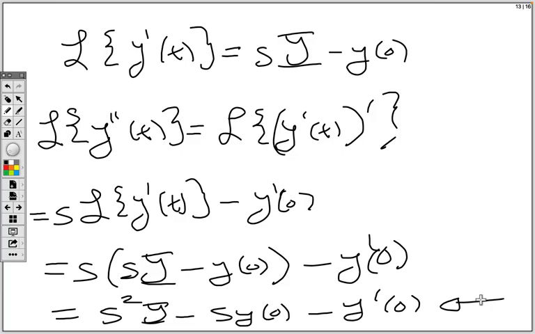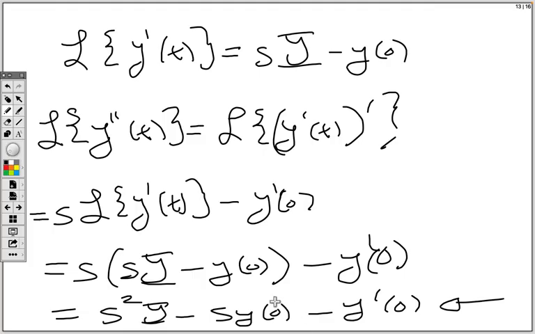That's how you would Laplace the second derivative. And if you had a third derivative, you would just keep going, right? You'd see the pattern evolve pretty quickly. So we just iterate that formula we had earlier, and that's our equation.